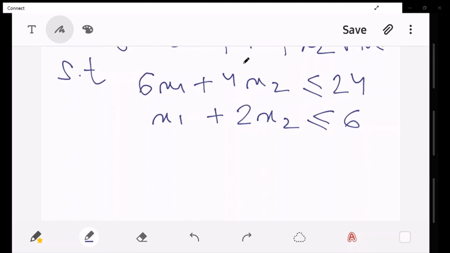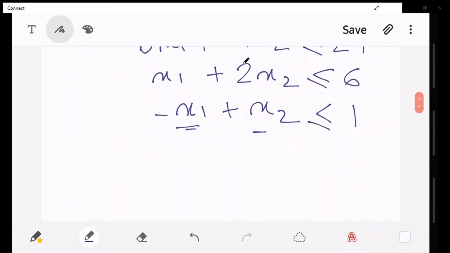So minus x1 plus x2 is the difference between interior and exterior. This should be not more than 1, which is less than or equal to 1.